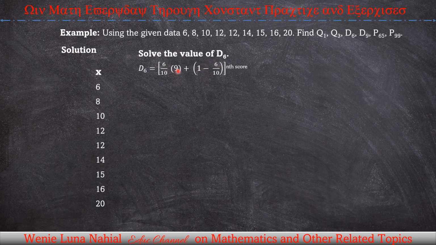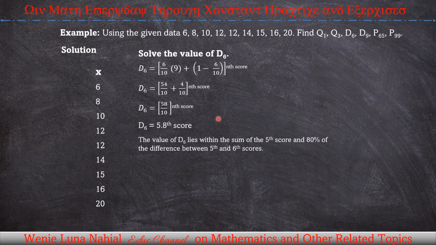Then this one, 6 times 9, that is equal to 54 over 10. So you will get this one. The same denominators, just copy it. Then add the numerators, 54 plus 4, that is 58. So 58 over 10, that is equal to 5.8 score.